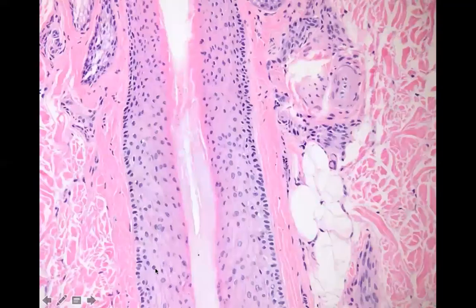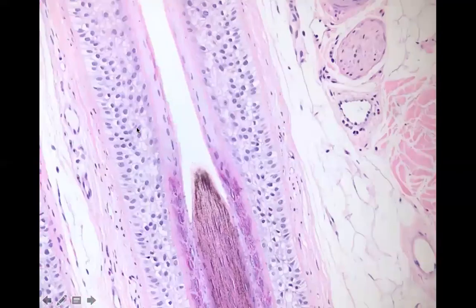Heading down towards the tricholemal zone, they're starting to get even paler. You see you've completely lost the granular layer at this point. Now into the very, very pale area, you see where these cells are, the basal layer here looks kind of like piano keys, these white cells lining up.